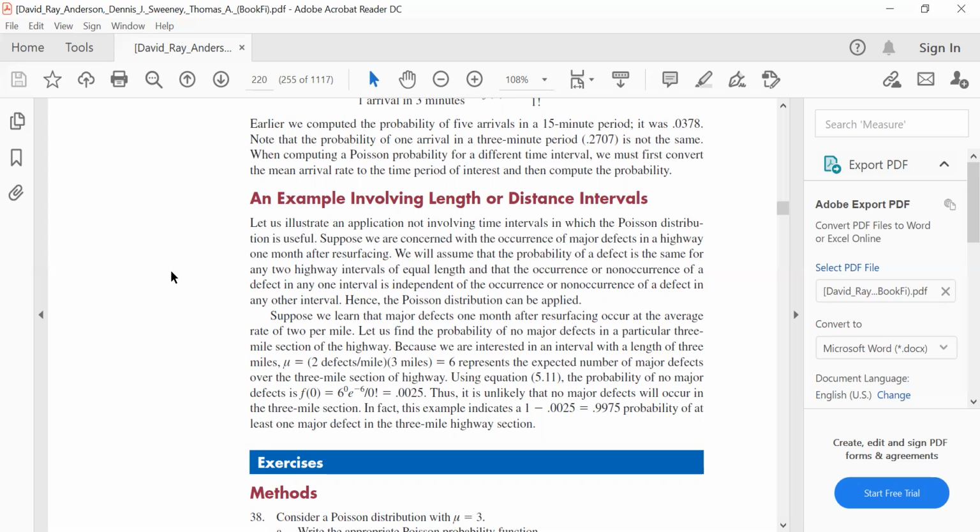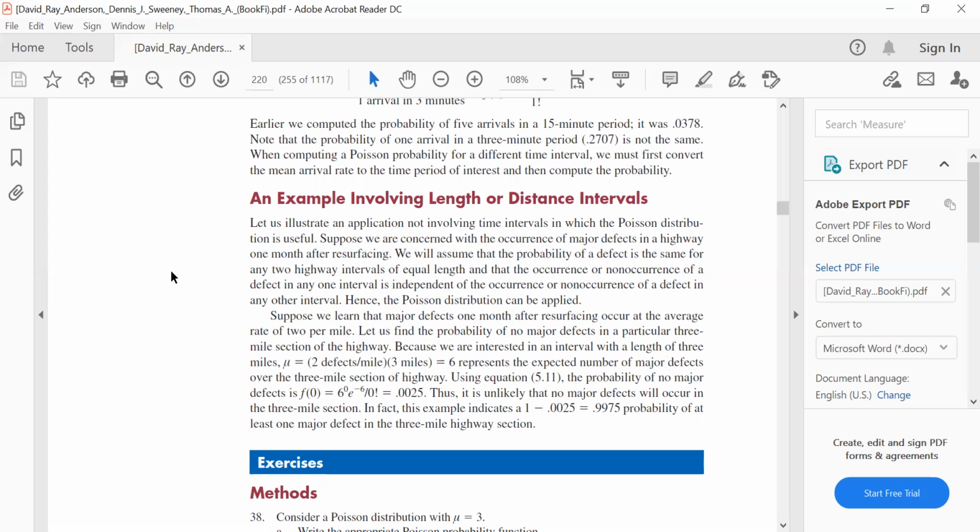Because we are interested in an interval with a length of 3 miles, mu is equal to 2 defects per mile multiplied by 3 miles, that is equal to 6, which represents the expected number of major defects over the 3-mile section of highway.